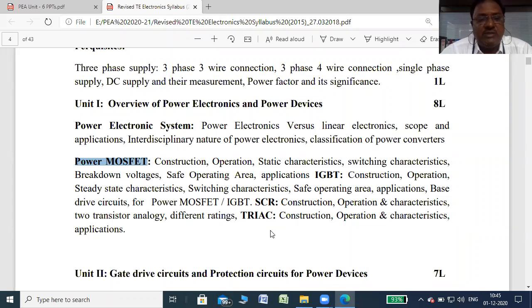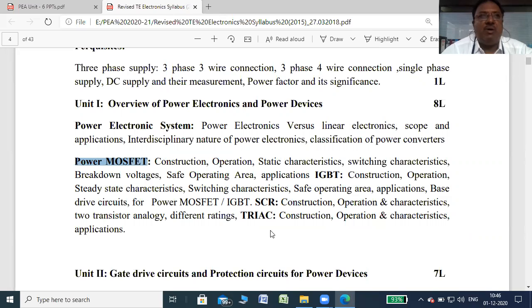In power MOSFET, we have seen the construction of a power MOSFET. Before that, I explained the MOSFET only, that is the low power MOSFET, its construction, how it works, and so on. I even explained the JFET, the construction of JFET, the difference between JFET and MOSFET, and even the difference between MOSFET and BJT. Then we saw the construction difference between low power and high power MOSFETs.